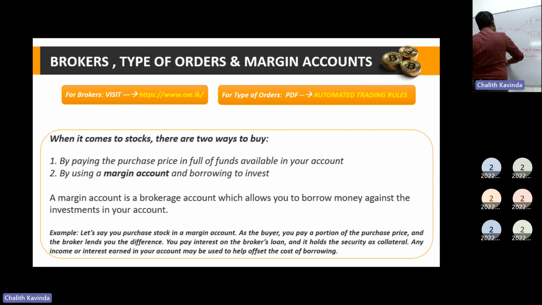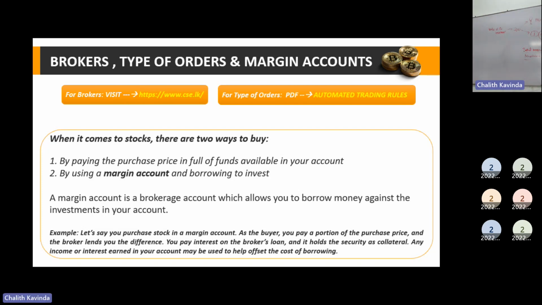This is for your additional knowledge. So simply, what is margin trading? You can do your investment by your own money or by taking money from your stockbroker. That part is known as margin trading. Based on the value in your CDS account, the initial margin would be 50%.